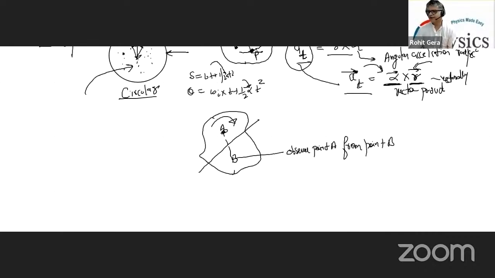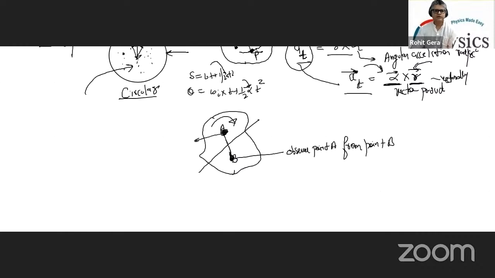What you will find is that the point A is moving perpendicular to the line joining AB. So AB is this, and if you make it rotate and connect all the points through which this particular point A appears as seen by the point B on the same plate, you will find that A is appearing to move perpendicular to B, like this.